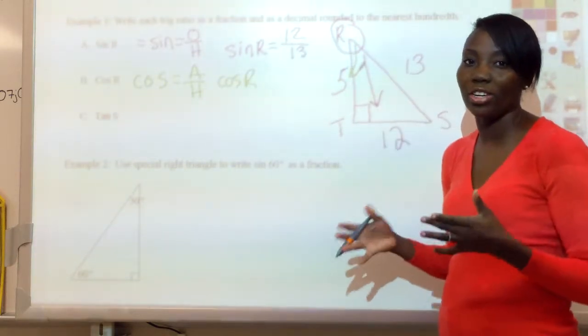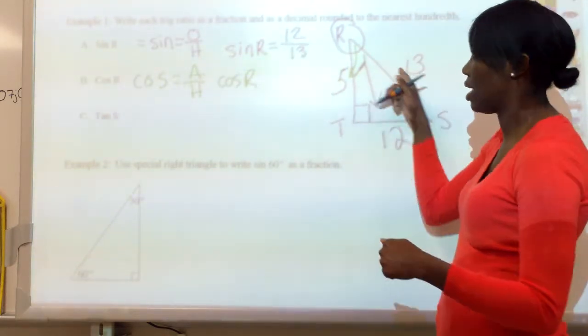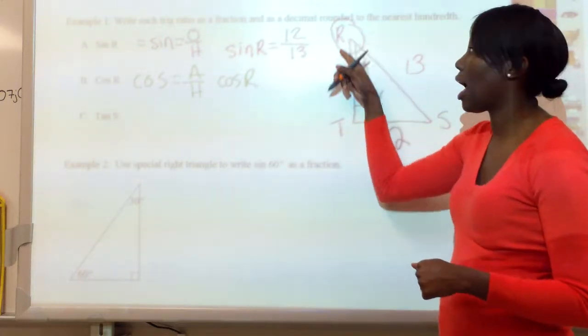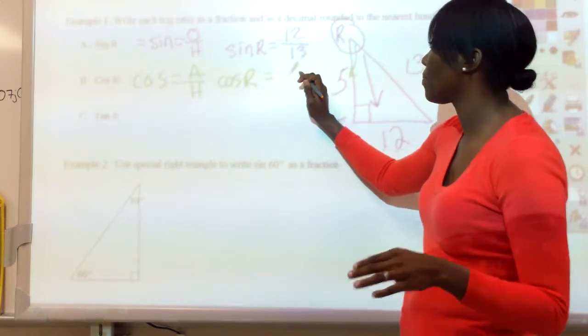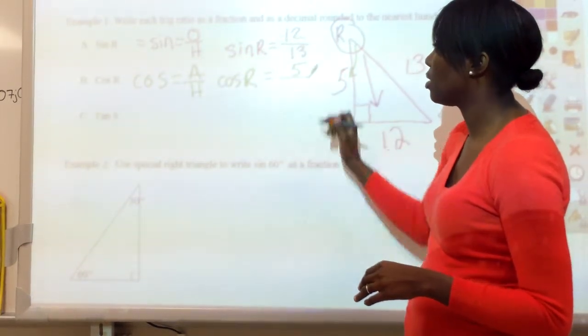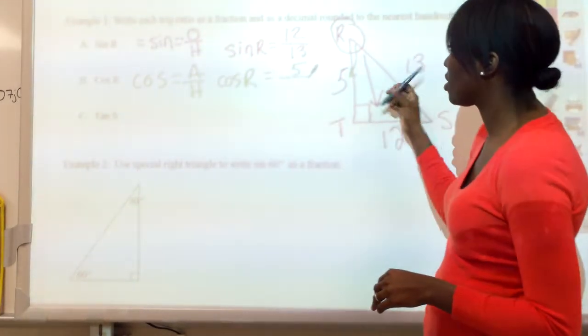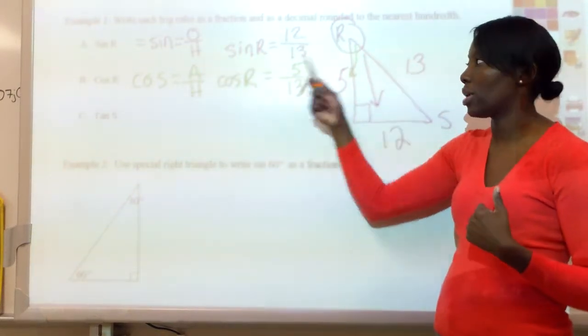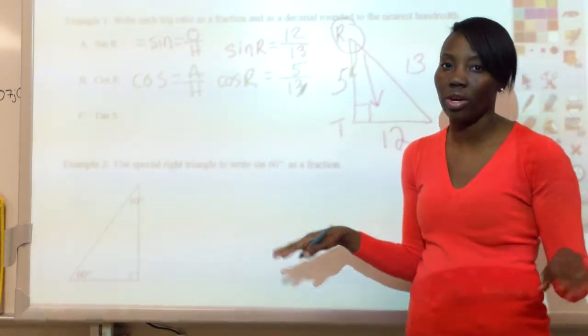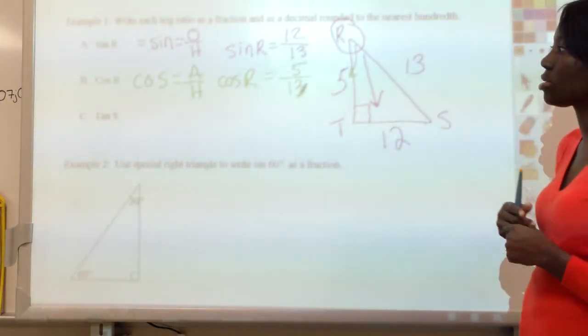Because 13 is the hypotenuse, so 5 is the other leg. So the adjacent leg is 5, and the hypotenuse is 13. If you had used 13 as the adjacent, you'd have 13 over 13, which would be totally incorrect, because 13 is the hypotenuse.